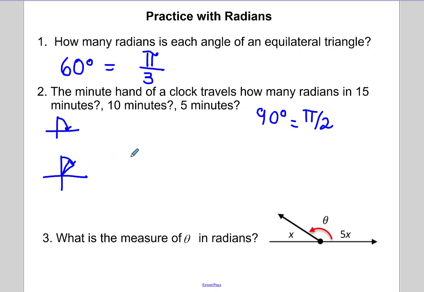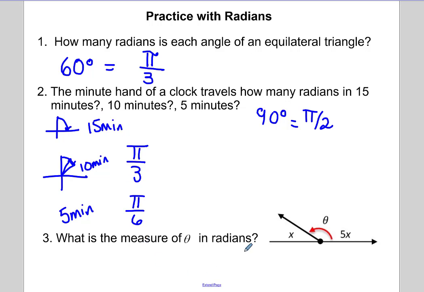So that would be 60 degrees, or pi over 3. And then in the 5-minute question, that would be just to the 1. So if we have 1, 2, 3, that's going to be pi over 6, or 30 degrees. So this is in 5 minutes, and this is in 10 minutes, and this is in 15 minutes.